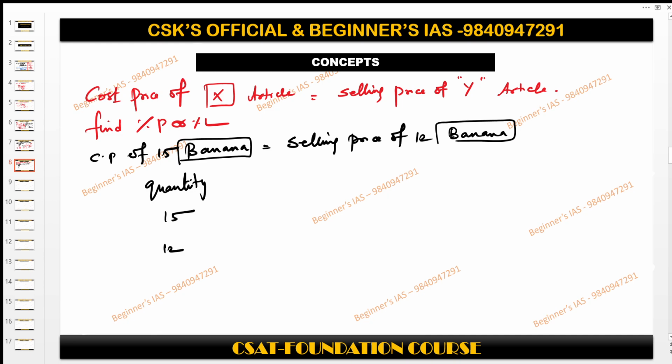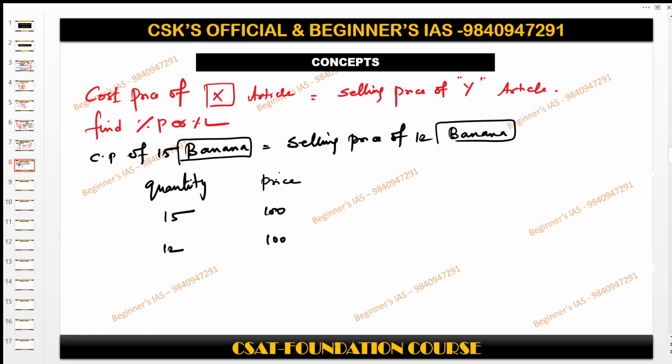Then what is the price here? You don't know the cost price, take it as 100. Simple. If you don't know, you can take it as 100. The selling price is the same here. So here just the quantity changes.